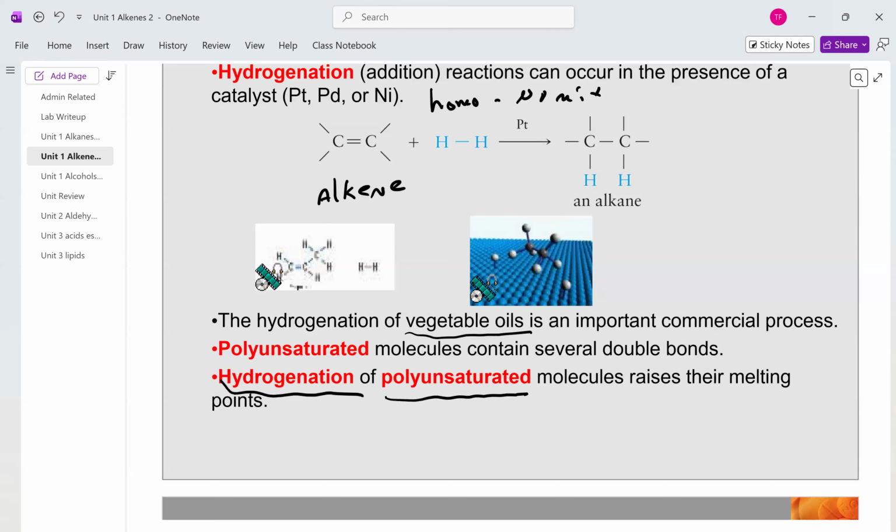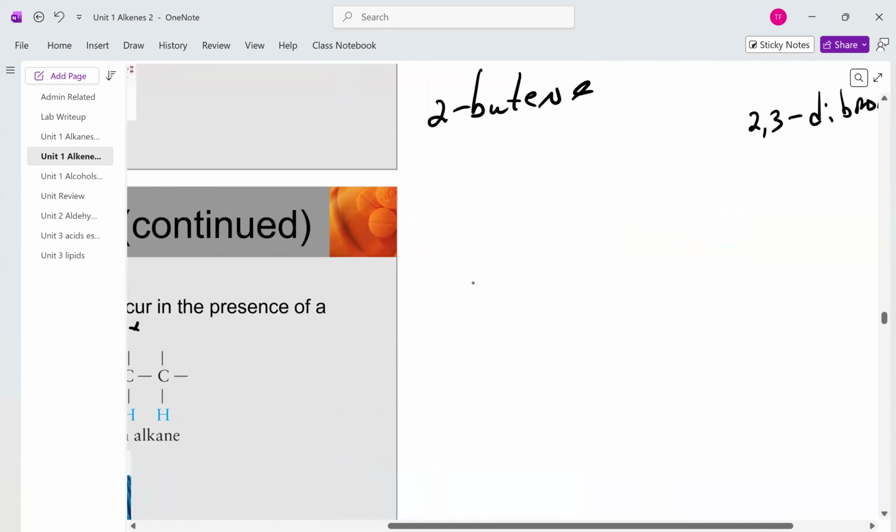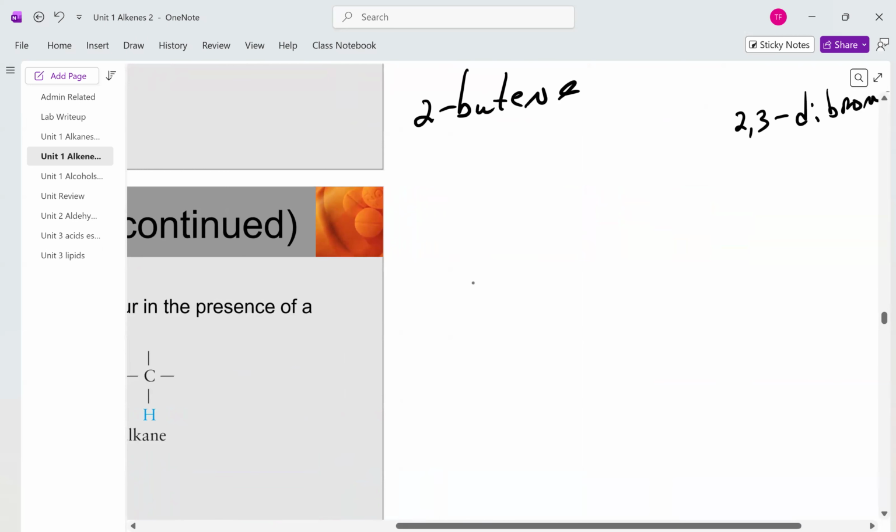So its physical properties change when you hydrogenate it. So that's how they used to make vegetable oil act like lard.